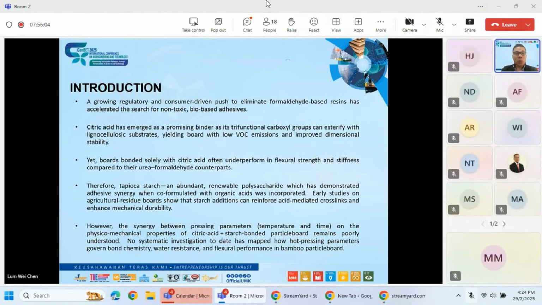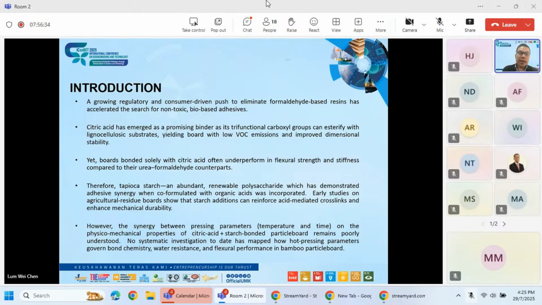All right. So just to give you a little bit of background about this research. Recently, there's a growing regulatory and consumer-driven push to eliminate formaldehyde-based adhesive in our country. For example, the Malaysian Timber Industry Board, MTIB, pushes for low formaldehyde wood-based panels.